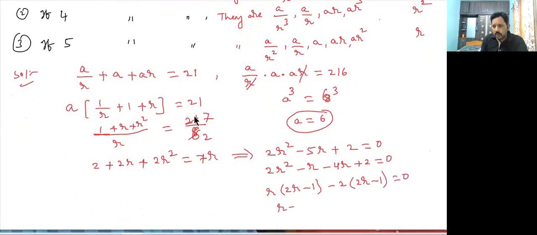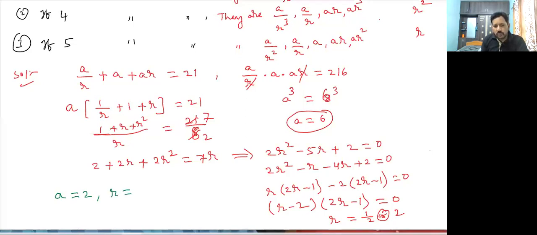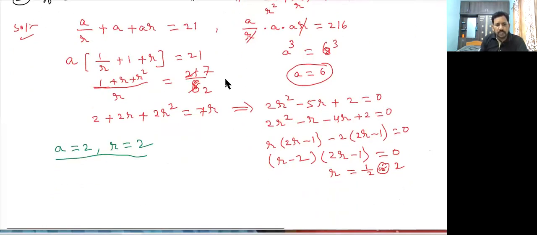Overall, r minus 2 into 2r minus 1, that is equal to 0. Finally, r value is 1 by 2 or 2. Now a value is 6, r value take any one, either 1 by 2 or 2. I am going to take 2. These are the values.